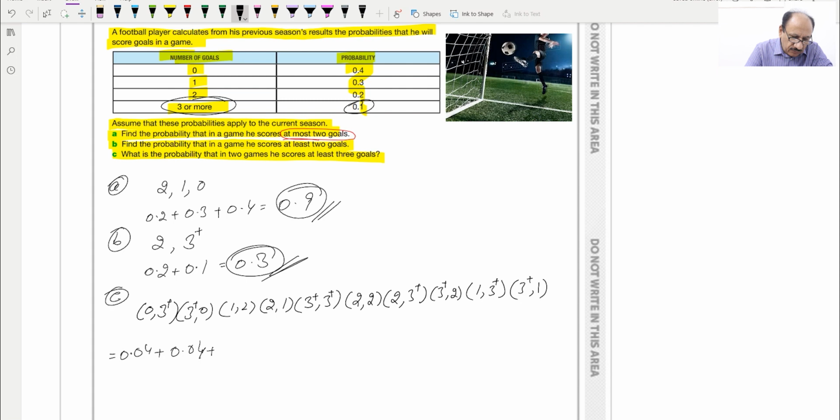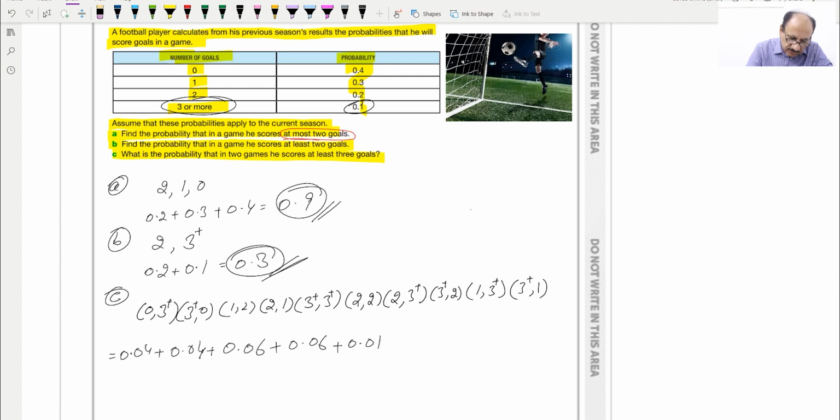For 1 it will be 0.3, and for 2 it is 0.2, so we can write 0.06, and 2 and 1 will also be the same, 0.06, plus 3 and 3 will be 0.1 into 0.1, so it will be 0.01.